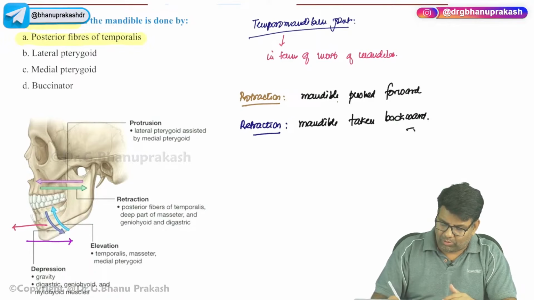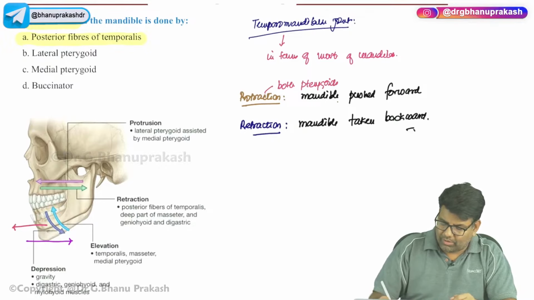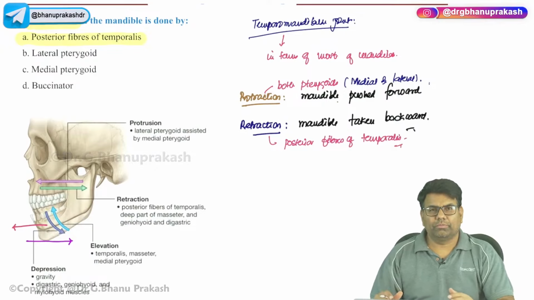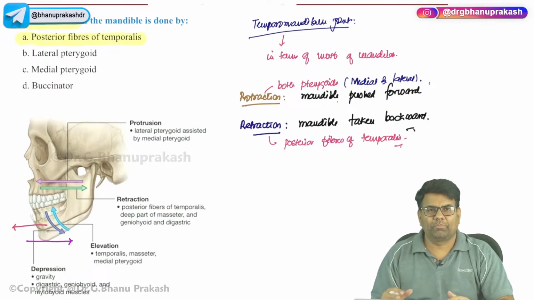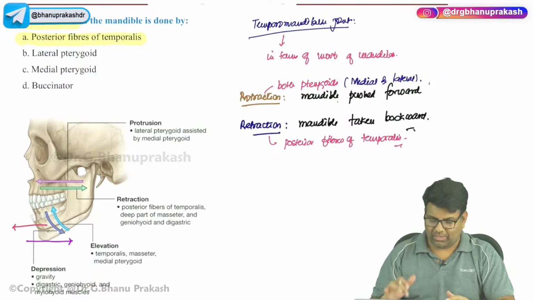So that is done by both the pterygoids, that is medial and lateral. And retraction is done by the posterior fibers of temporalis. So forward movement by both the pterygoids and backward movement by the temporalis.